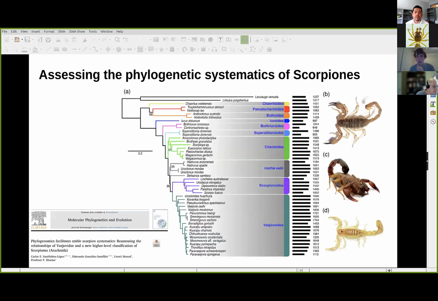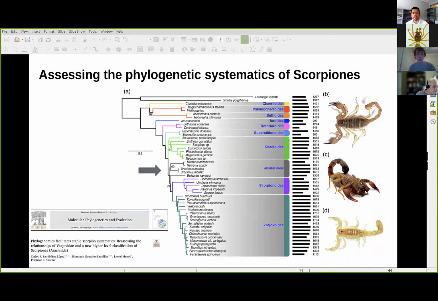So the first thing that we did was try to assess the phylogenetic systematics of these animals and try to solve all those weird conflicts that Prashant and his team found in 2015, right? So the first thing that we did is just try to reinstate the superfamily Bothriuroidea, right? Because in that first analysis, this family was recovered as polyphyletic. So this study was published in 2019.